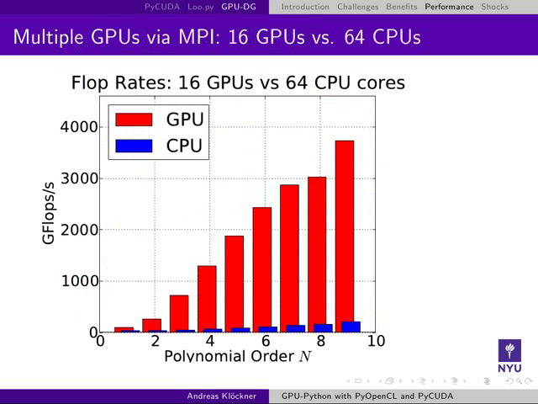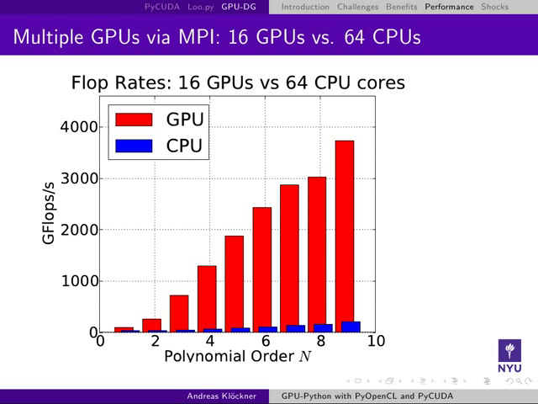Does it work in parallel? Yes, it does. This here is 16 GPUs versus 64 CPU cores. Now I'm not being fair to the CPUs because these are double quad cores of the Core 2 generation, so they're seriously starved for memory bandwidth. The more I add on the CPU end, the more cores I add to each machine, the better I look on the GPU comparison.